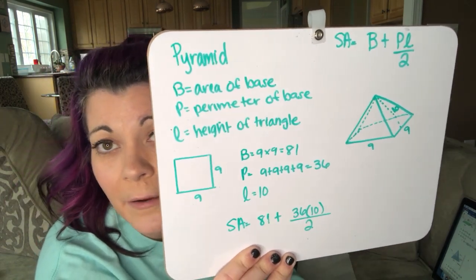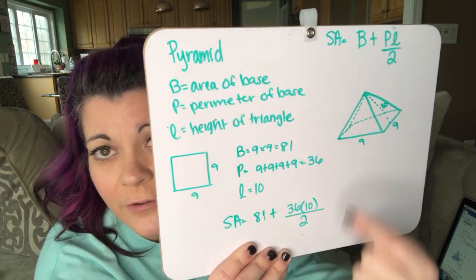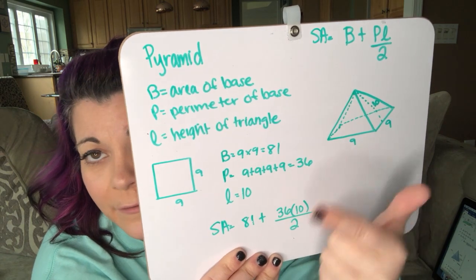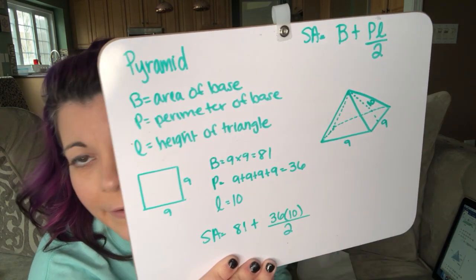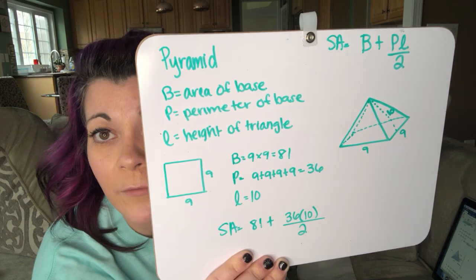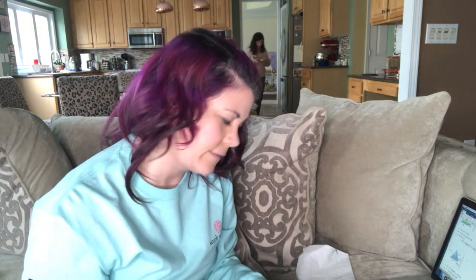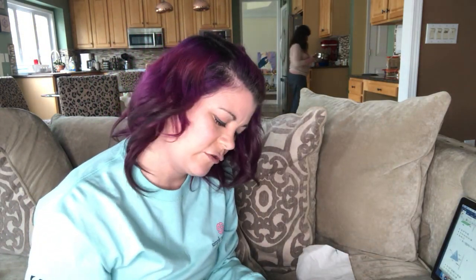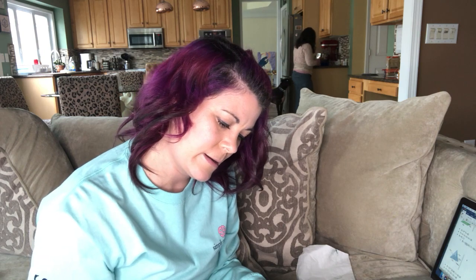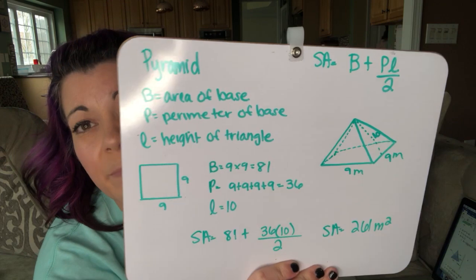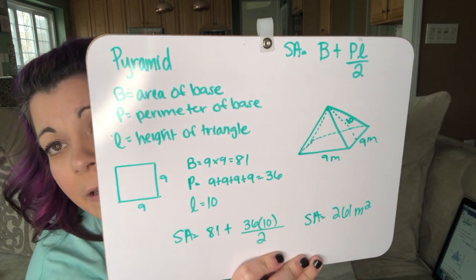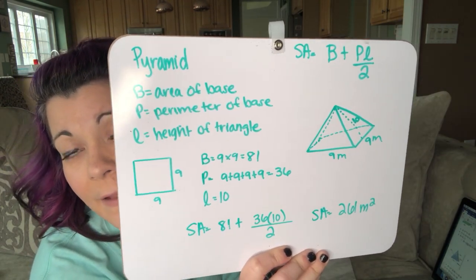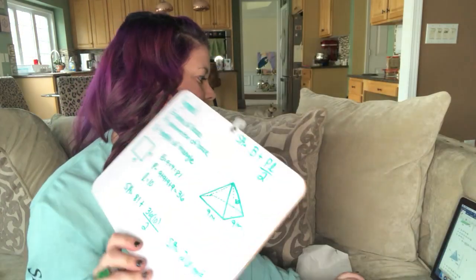So I need to simplify this: 36 times 10 divided by 2, and then add it on to 81, following order of operations. Once I do that, I get 261 meters squared, because surface area, again, is in square units. And that's how you find surface area of a pyramid.